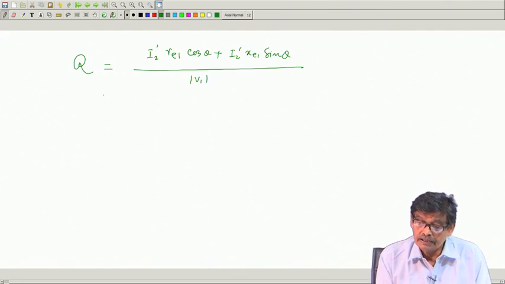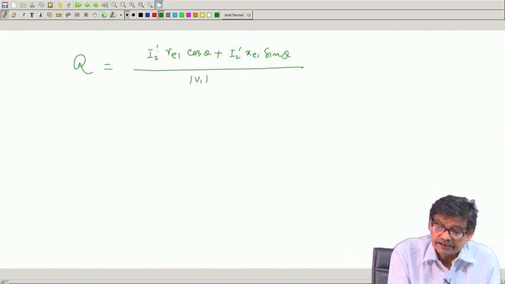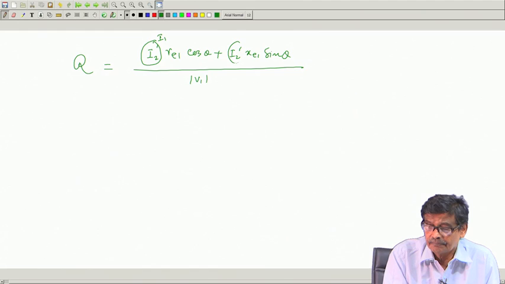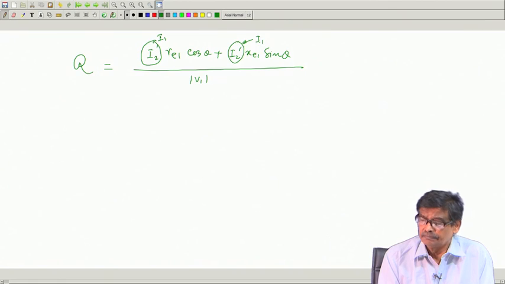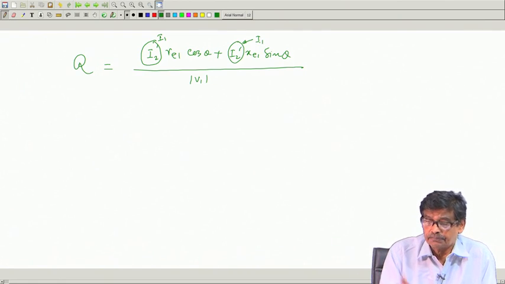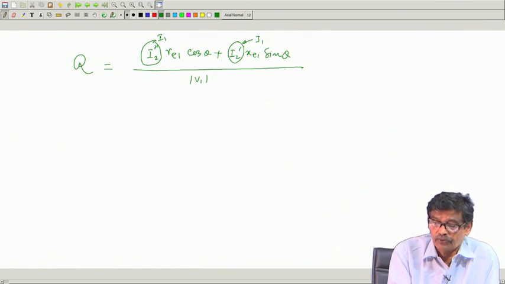This is regulation. In this expression, I2', as I told you, if you neglect no load current, is as good as I1. So, you can calculate regulation given a particular current and a particular power factor of the load.